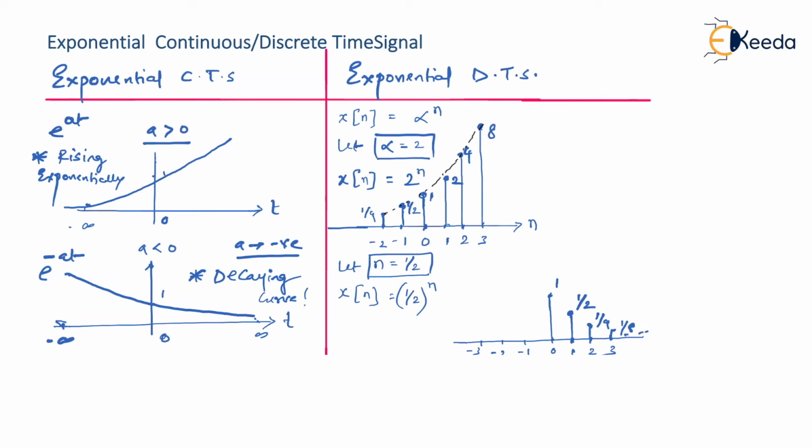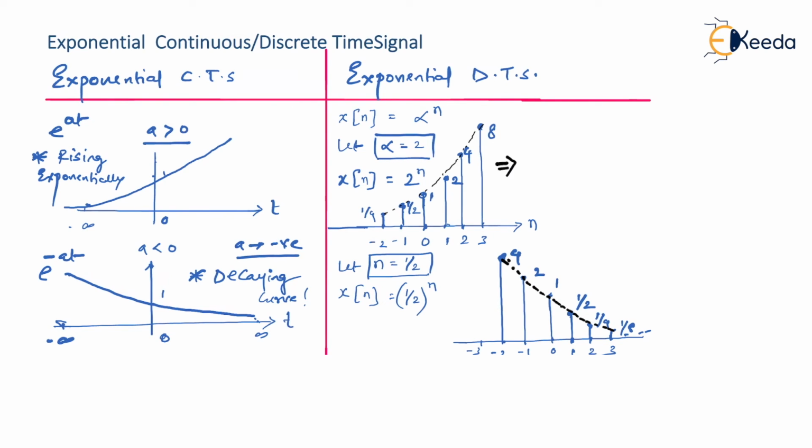Then I'll get 1 by 8, and so on. At n equal to minus 1, half to the power minus 1 gives you 2. For n equal to minus 2, you will get 4. And at n equal to minus 3, you will get 8. So what you see here is an exponentially decaying curve.